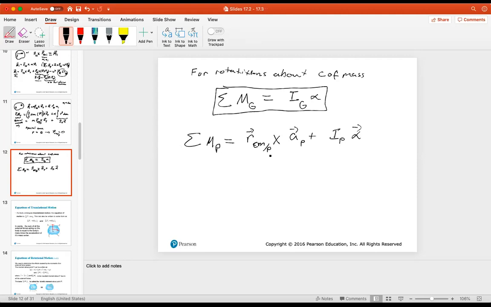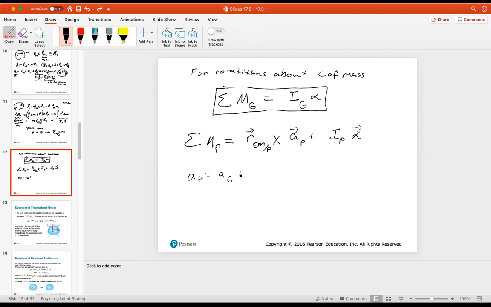And even if point P isn't the center of mass or center of gravity, we could express things in terms of what does exist at the center of gravity. So I could say, for example, that AP equals AG plus R PG cross, I'm sorry, these backwards again.